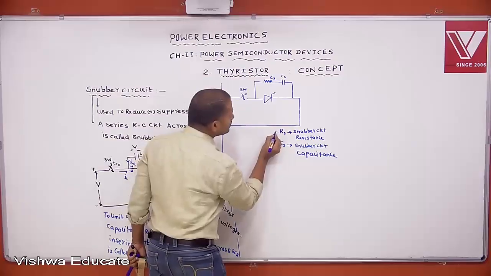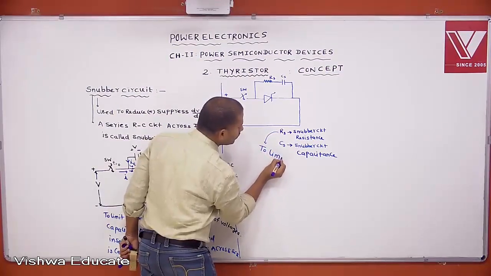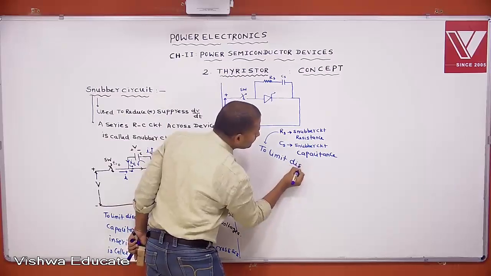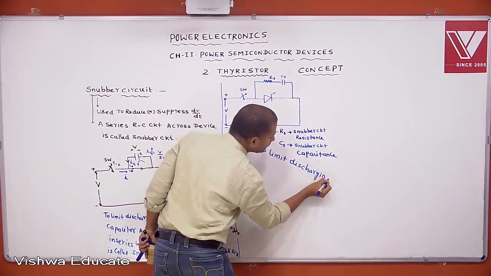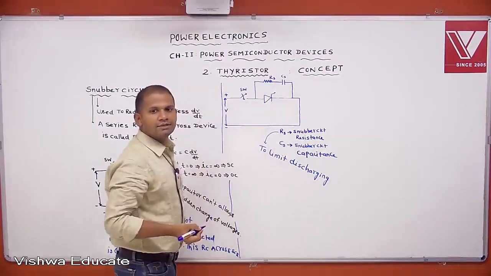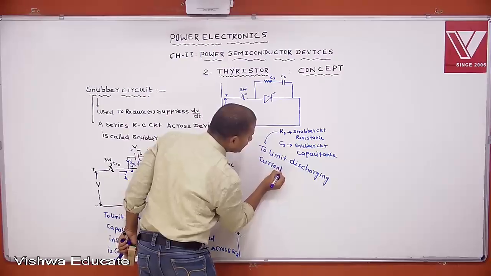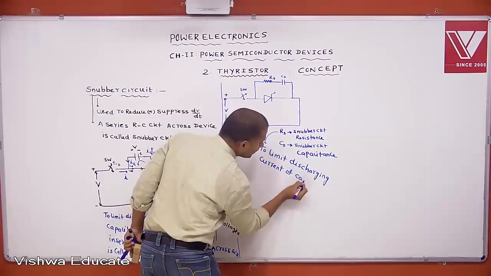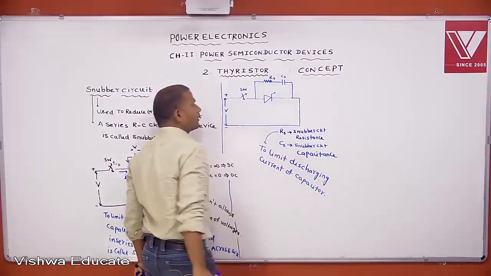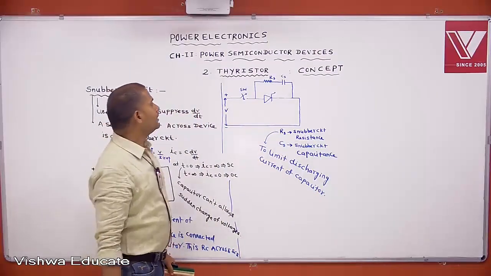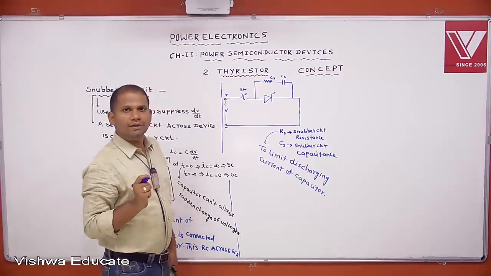The purpose of using RS is to limit the discharging current of the capacitor. This is called a snubber circuit. This RC circuit across the thyristor is called the snubber circuit.